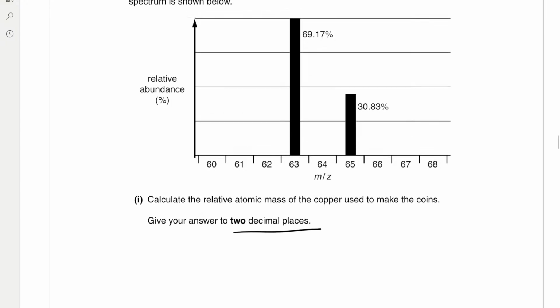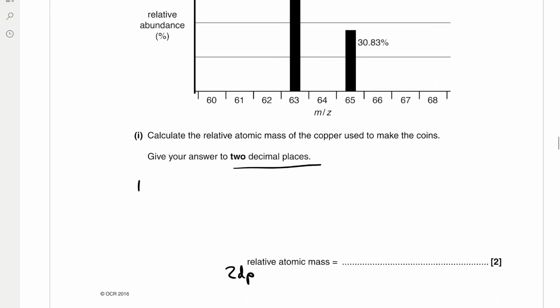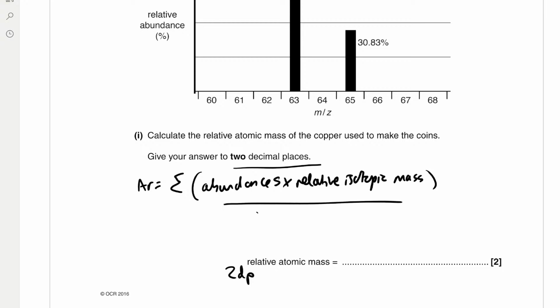And then we use the formula: Ar equals the sum of the abundances multiplied by relative isotopic masses, or m/z, divided by the sum of the abundances. So I have enough room for myself there, but I needed to write it out for you.